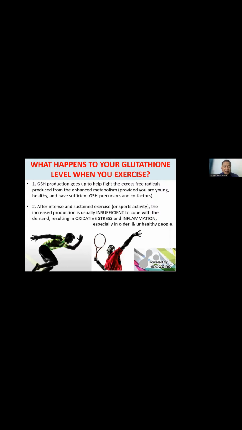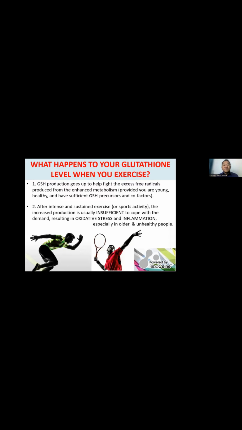After intense and sustained exercise or sports activity, the increased production is usually insufficient to cope with the demand, resulting in oxidative stress and inflammation, especially in older and unhealthy people. So remember that when you exercise, which is good, glutathione production goes up because the demand goes up with metabolism.